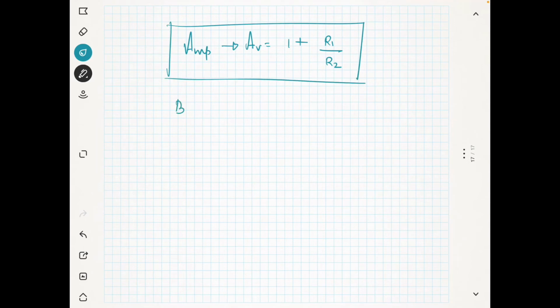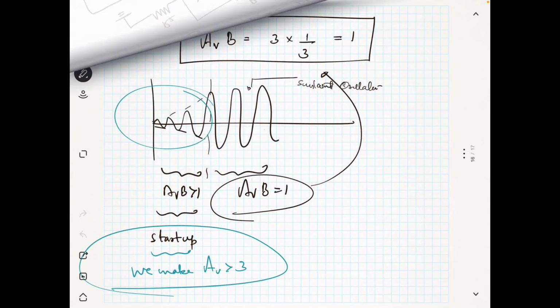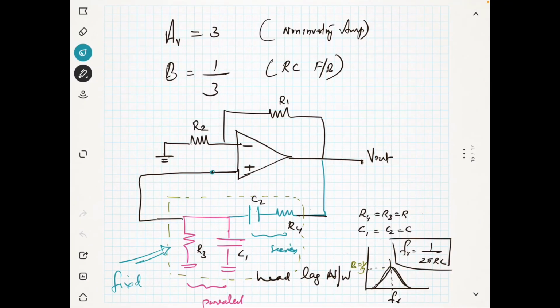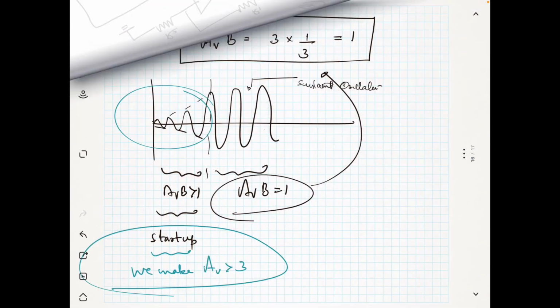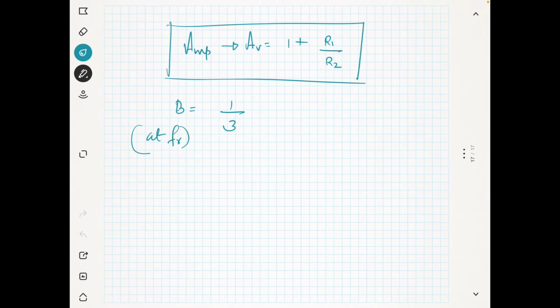Now what is B at the frequency FR? It is equal to 1 over 3. It can be proved. This is your lead lag network, and if you analyze it, it has an attenuation of 1 by 3.